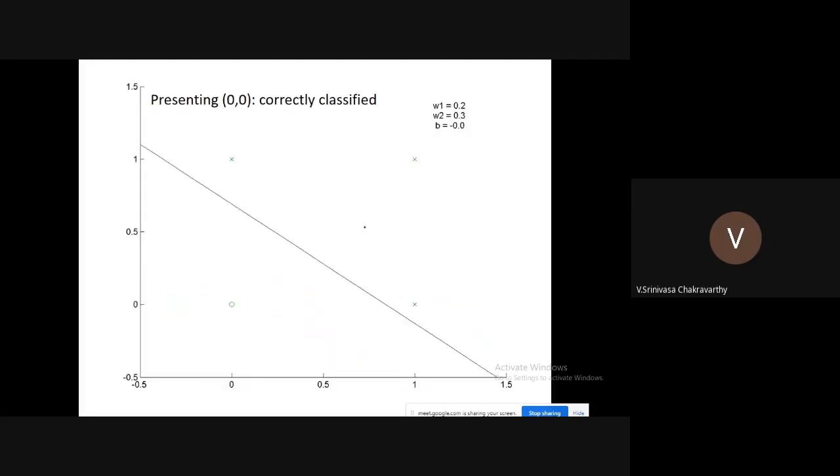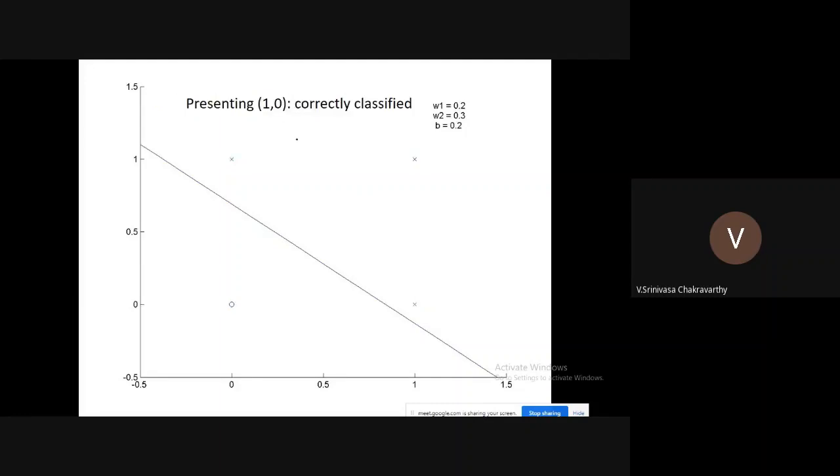In the second round, when I present the data point 0, 0 again, the weights are now like this. So you see that this is class 0, the class corresponding to 0 output. This is the class corresponding to the output 1. So these two are separated nicely by this line. So now this is a correct solution.